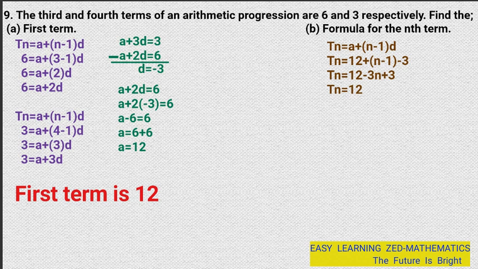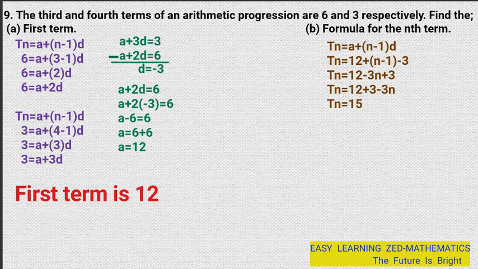So I'm going to bring 3 there, which is going to be 12 plus 3 minus 3n. Then I'm going to evaluate 12 plus 3, which gives me 15, so Tn is 15 minus 3n.